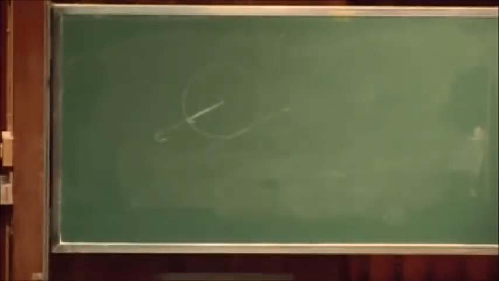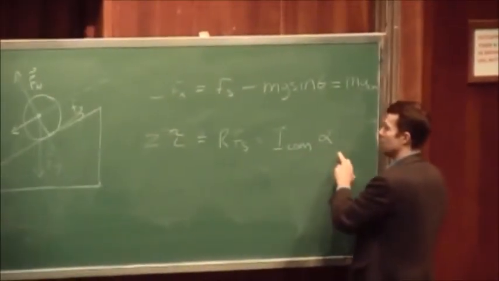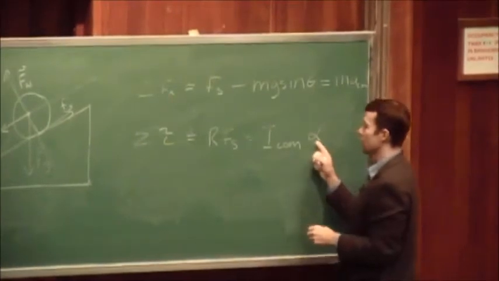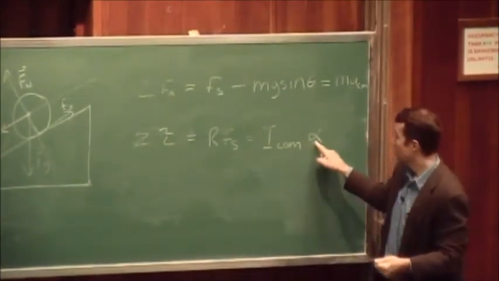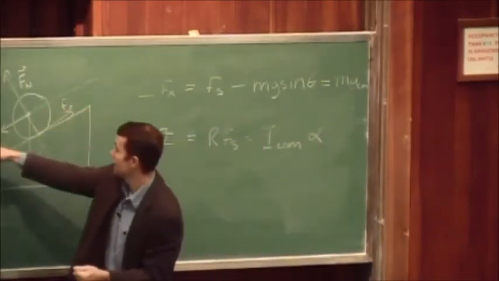Okay. So if I look at this, basically all I get here is R times the static friction is equal to I center of mass alpha. Now, we know that this alpha is positive, but the A is in the negative x direction.